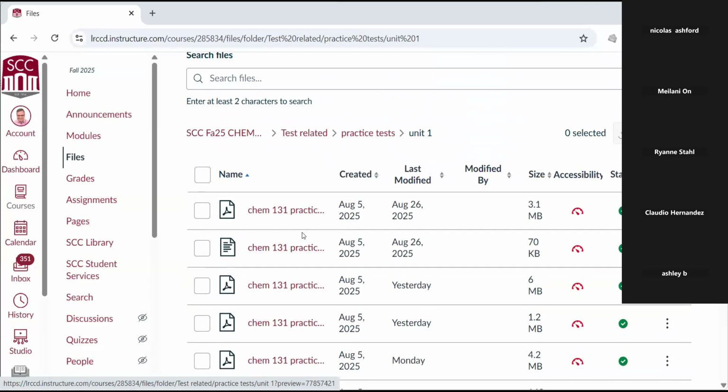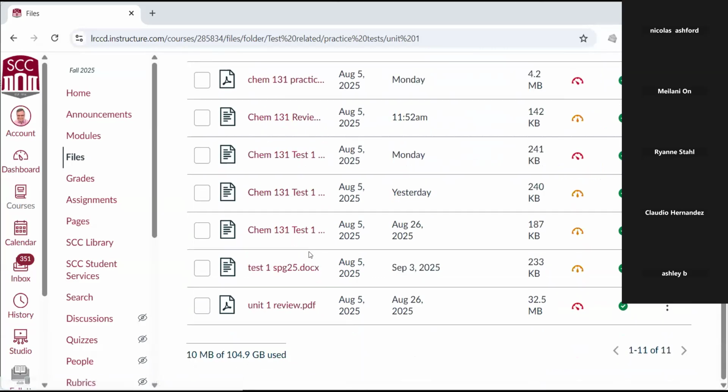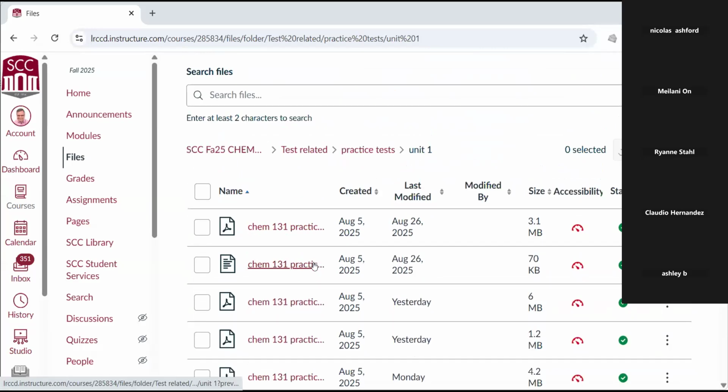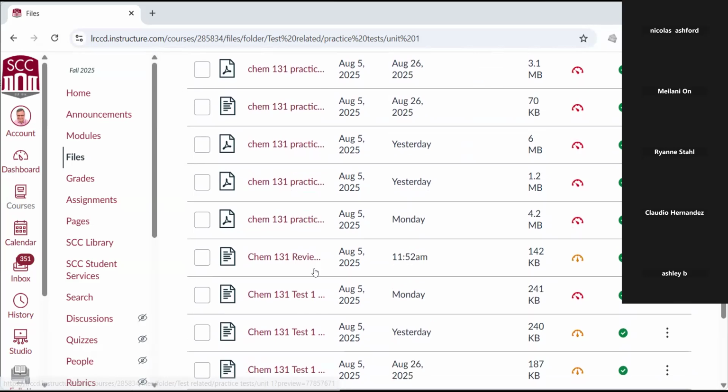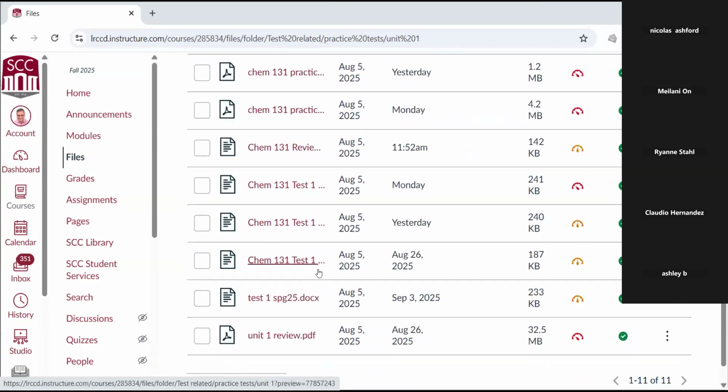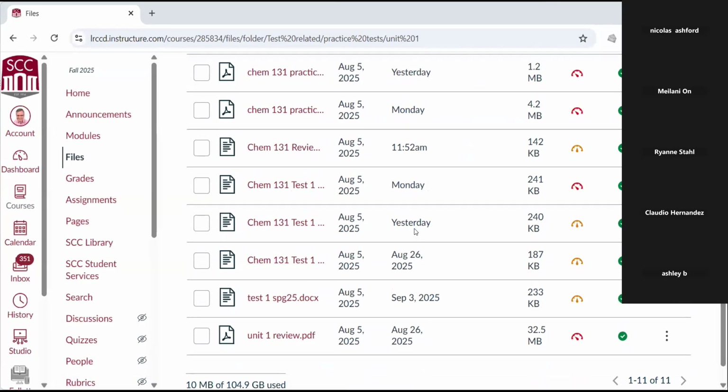They all say August 5th. Was it this one here, the one that says yesterday? Yes, the fourth one up, counting from the bottom. Okay, all right. Fourth one up.